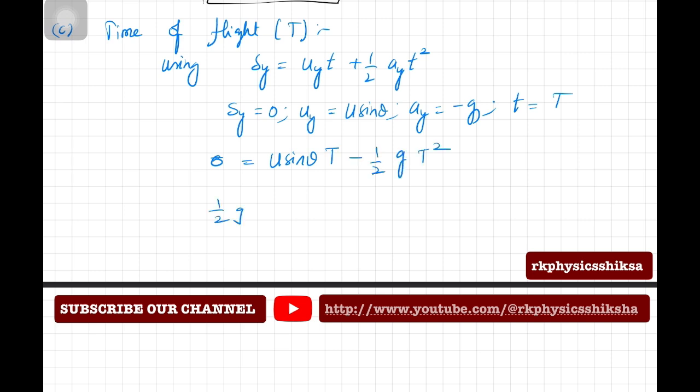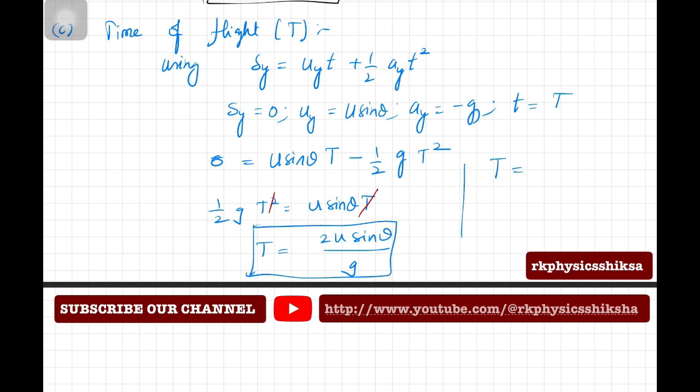So half g T square is equal to u sin theta into T. Here T and square get cancelled, and what I get is the time of flight is equal to 2u sin theta by g. We can also write it as T is equal to 2Uy by g, because Uy is equal to u sin theta.